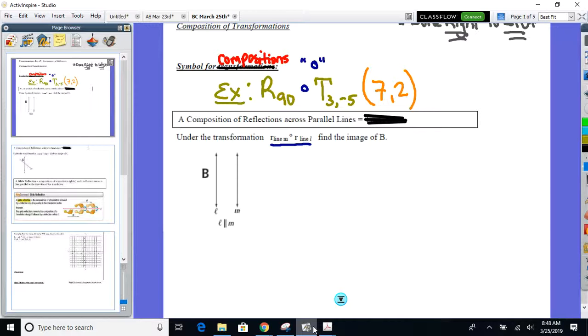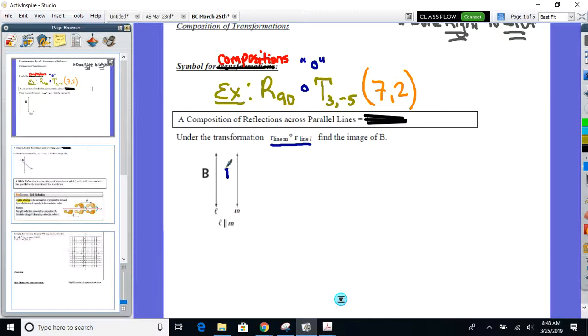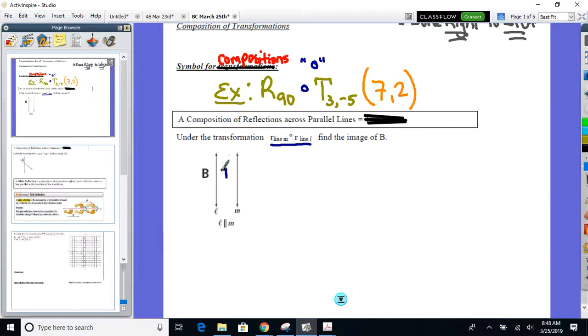So go ahead and reflect that over line L to your best of your ability. Not looking for greatness or a compass or a straight edge here. I'm keeping it.